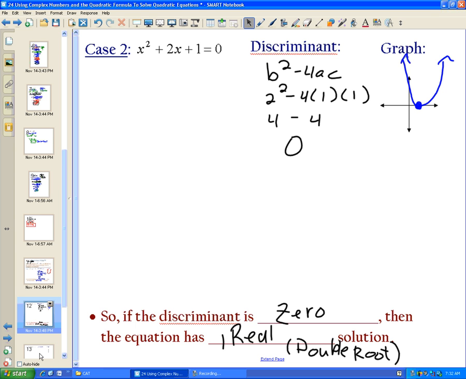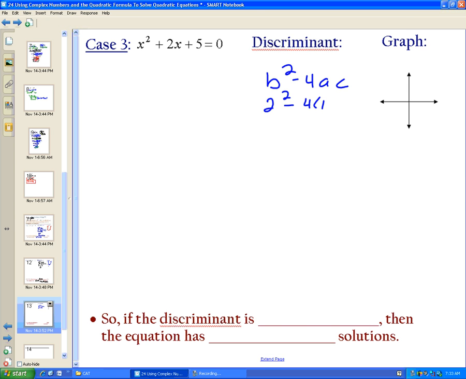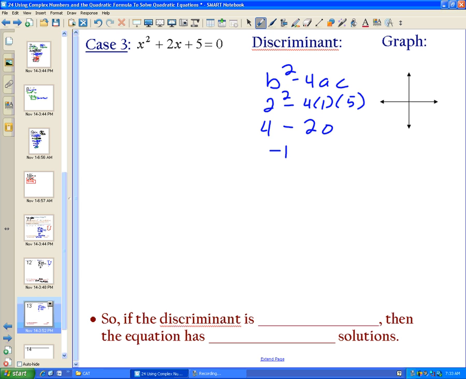My last case here, x squared plus 2x plus 5 equals 0. Again, I want to use my discriminant, b squared minus 4ac. b is 2, so this is 2 squared minus 4 times 1, which is a, times 5, which is c. 2 squared is 4. 4 times 1 times 5 is 20. 4 minus 20 is negative 16.